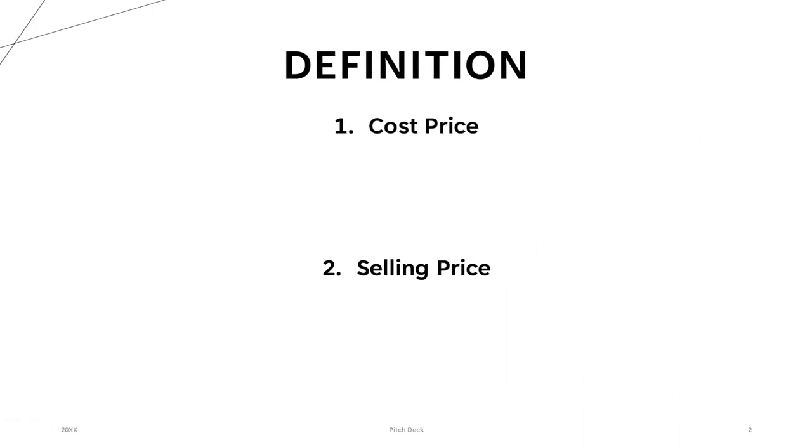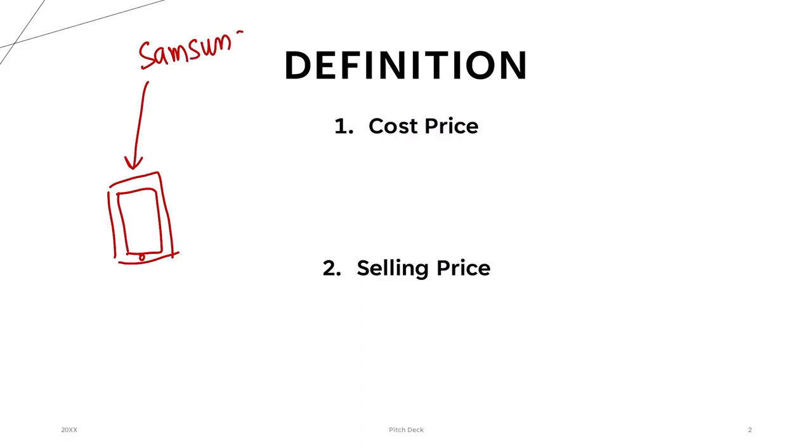Before understanding, we have to learn the most basic terms in profit and loss, which are cost price and selling price, right? What exactly these are. See, suppose you're a shopkeeper who runs a mobile business. You buy and sell mobile phones, right? You normally buy mobile phones from a factory or a wholesaler, let's call it a factory, and suppose you are buying it from Samsung, right?